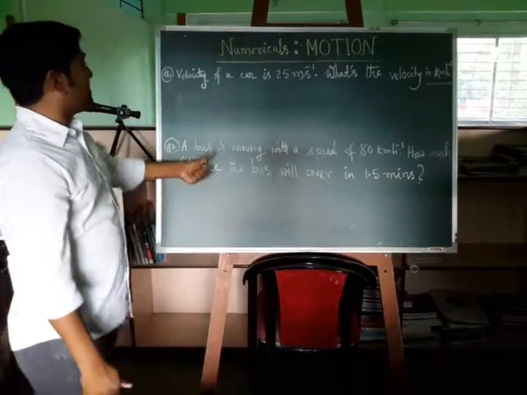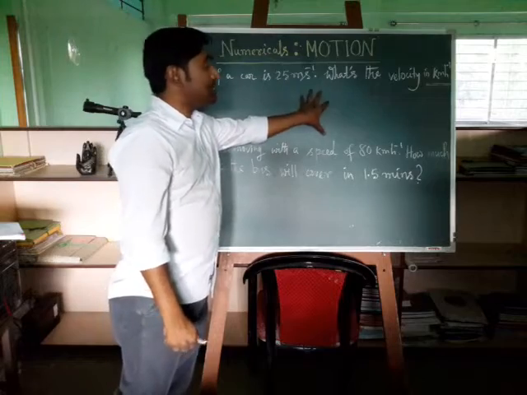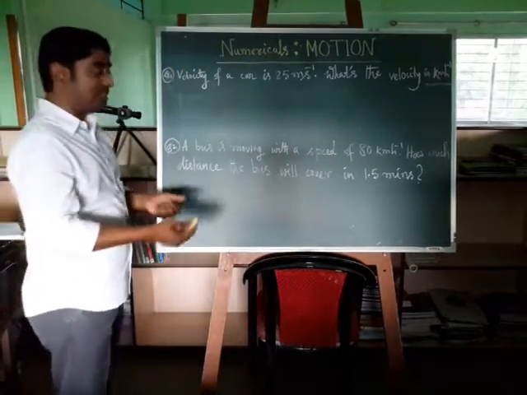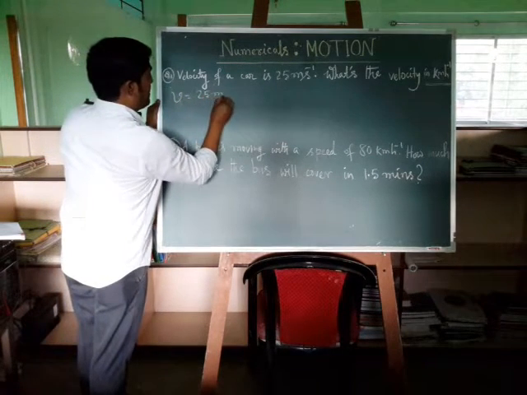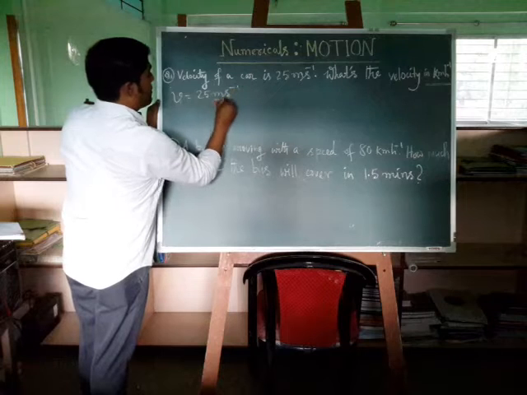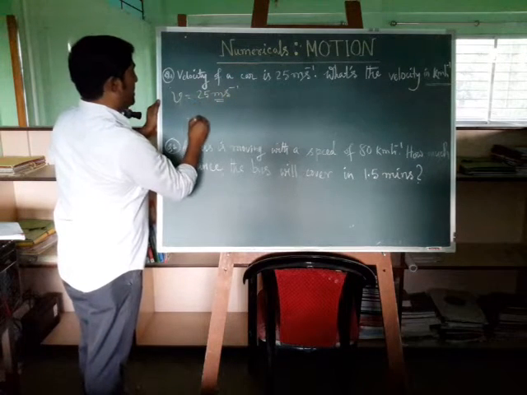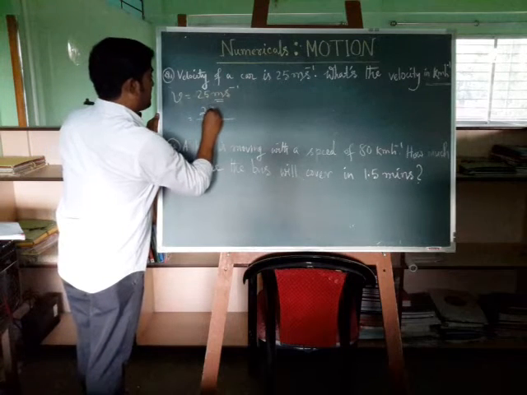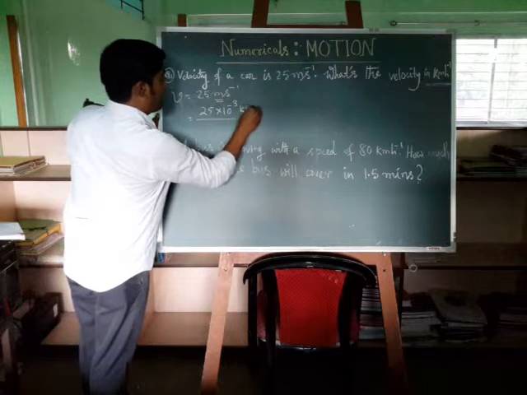So our first problem, very simple one. The velocity of a car is 25 meter per second. What's the velocity of that car in km per hour? It's a very simple one. So velocity is 25 meter per second. We have to convert this unit meter per second into kilometer per hour. So 25 meter, that is 25 into 10 to the power minus 3 kilometer.